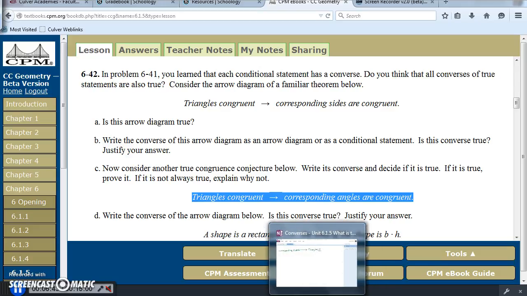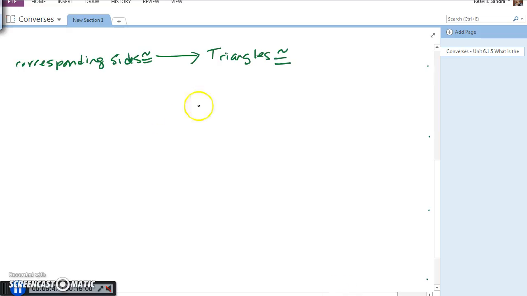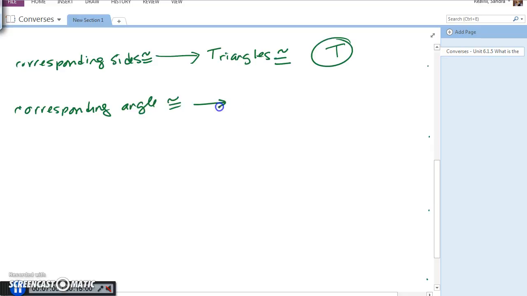We have triangles congruent, therefore corresponding angles are congruent. So let's write corresponding angles congruent, then triangles congruent. And let's consider the possibility of the truth in that statement.